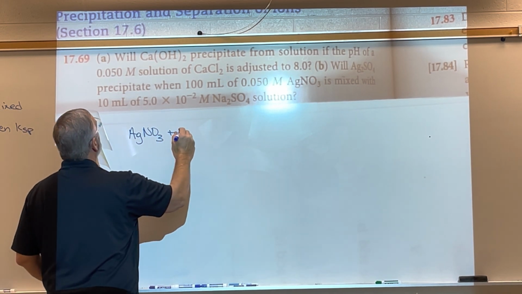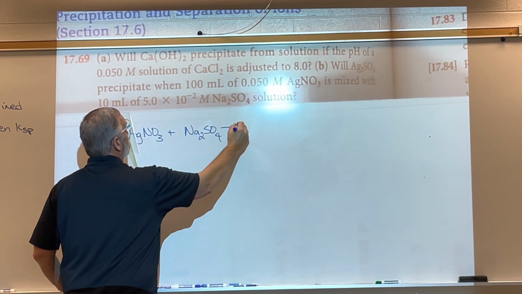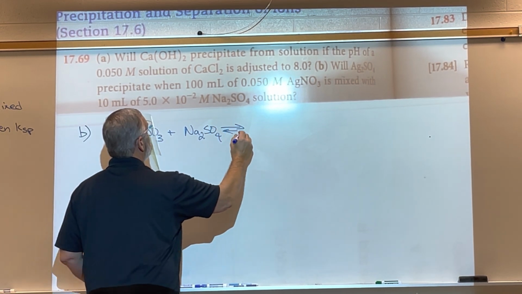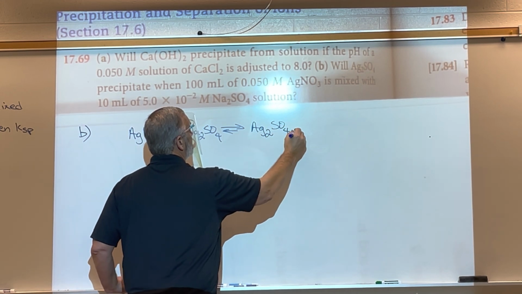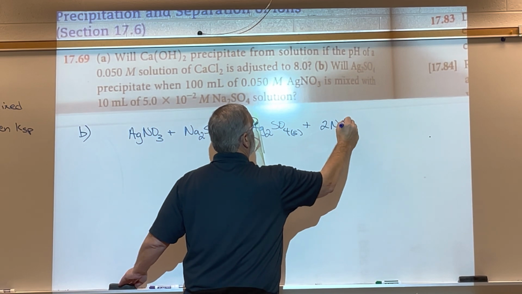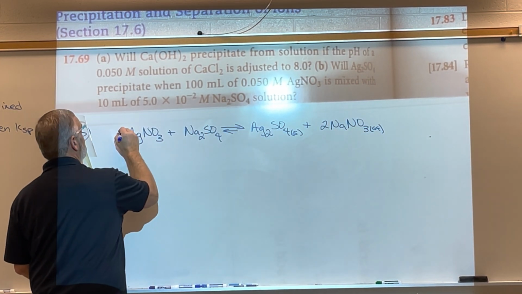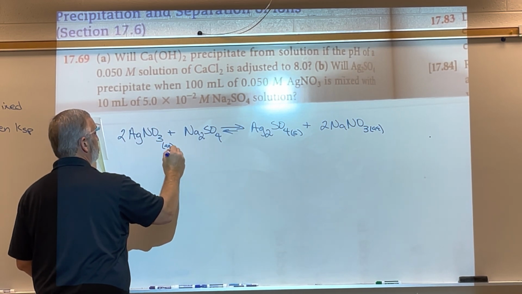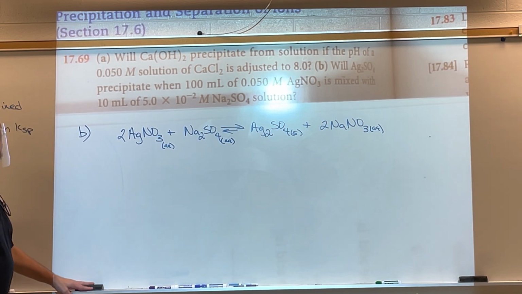Okay, so I am going to get silver nitrate combining with sodium sulfate, and it's going to make silver sulfate plus 2 sodium nitrates, and all nitrates are aqueous, so I need to have a 2 right here. Okay, so that's my mixture.